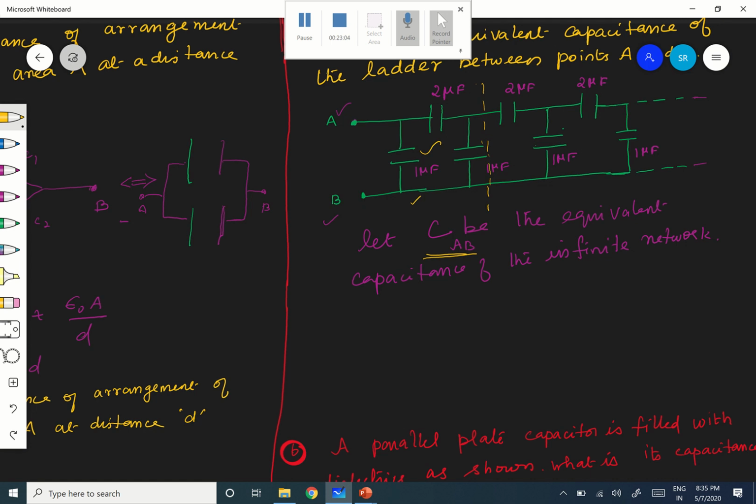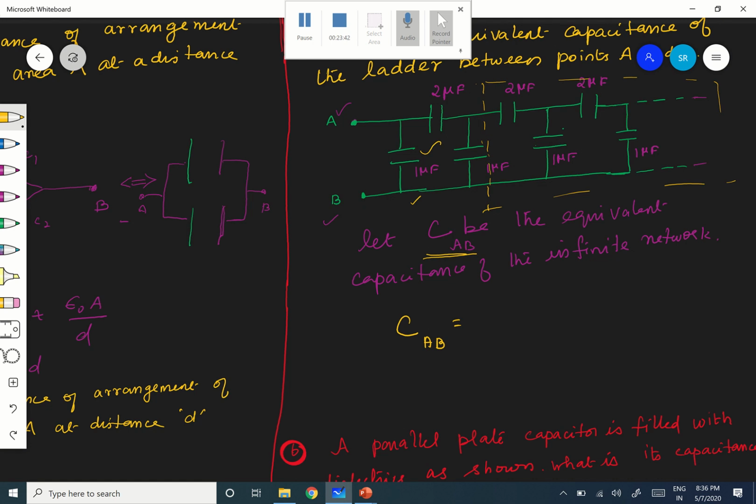Therefore, what should that be? It is CAB, even if you add this also, the equivalent will be CAB only. Already it is CAB fully, and with that I am adding one network. That will also be CAB. Are you following?